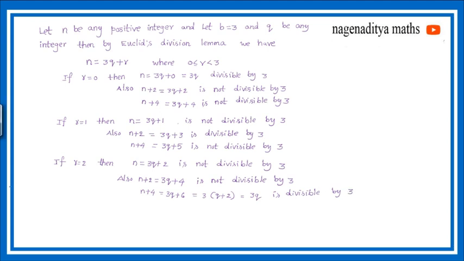So the conclusion is, in the above 3 cases we can observe that out of n plus 2 and n plus 4, only one of them is divisible by 3.